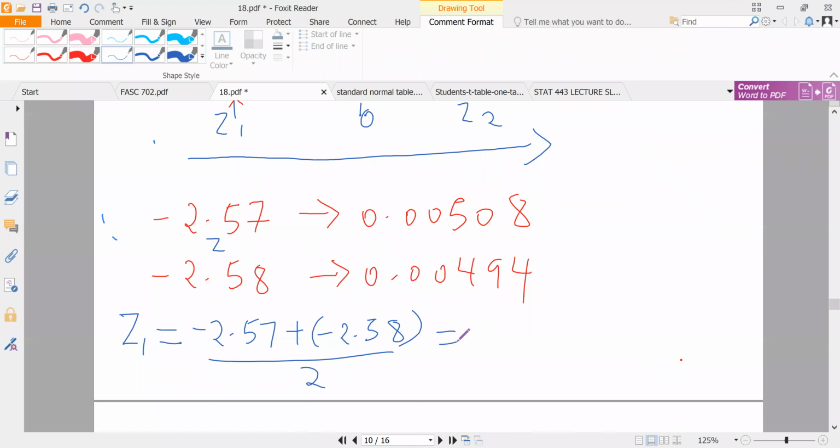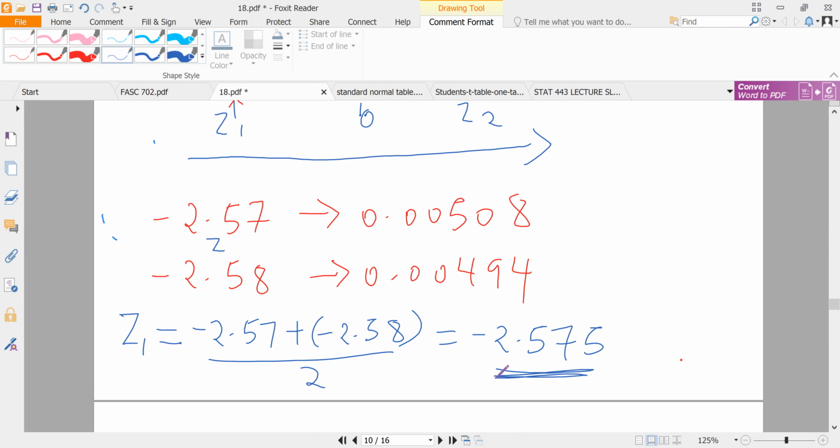And this average is minus 2.575. We take this as an approximate value of Z1 because it lies between these 2 points.